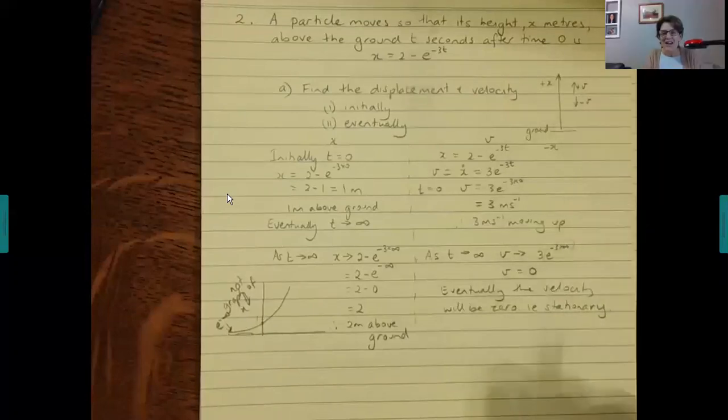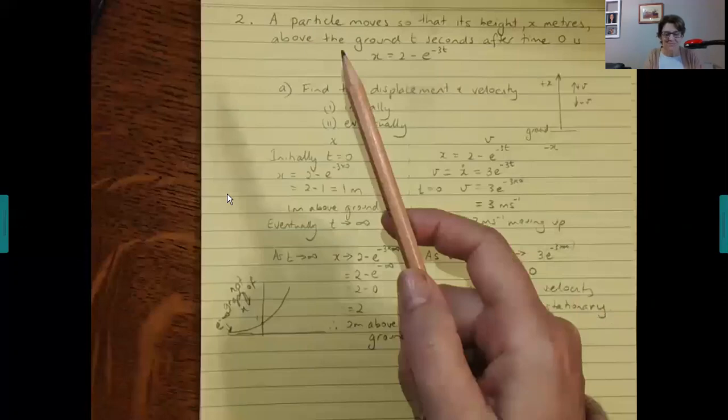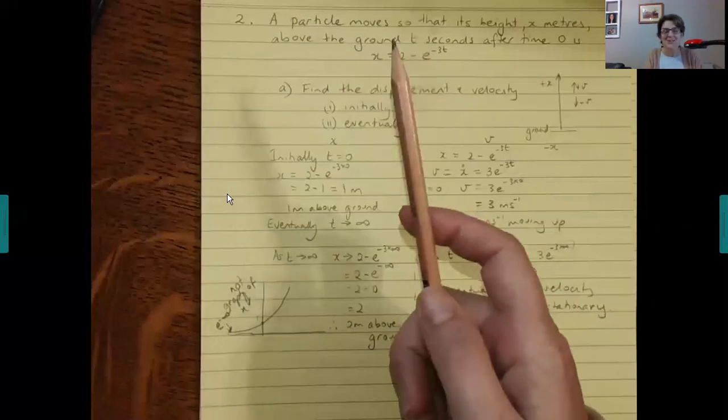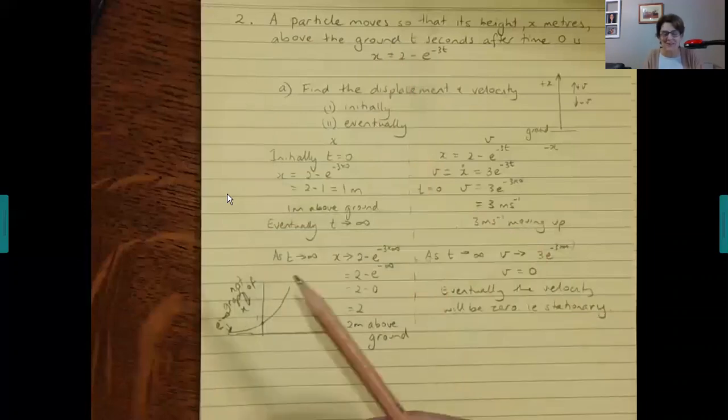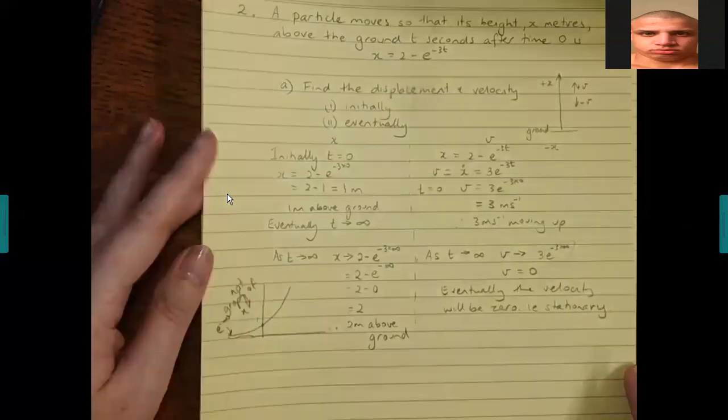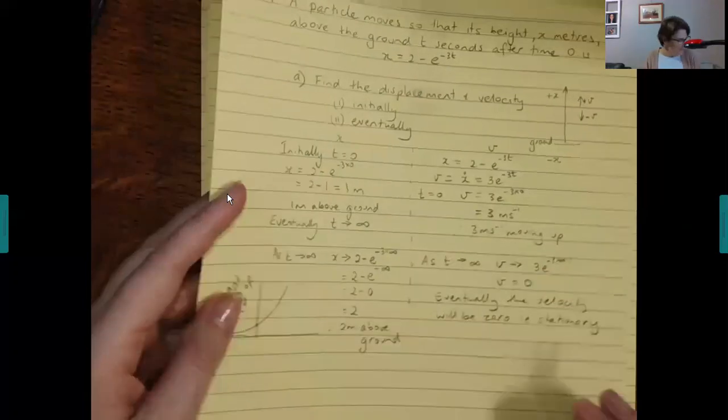So that's why they haven't said a ball, because a ball is more likely to use the laws of gravity and come back down to ground. So we must be out in space or somewhere and we've got some particle. So this one's not working in terms of normal laws of physics, okay? Yeah, thanks. All right, and we'll have a look at a graph of that in a moment too.